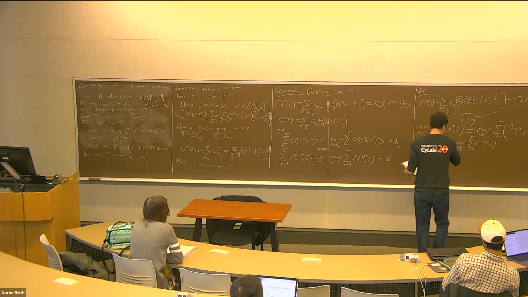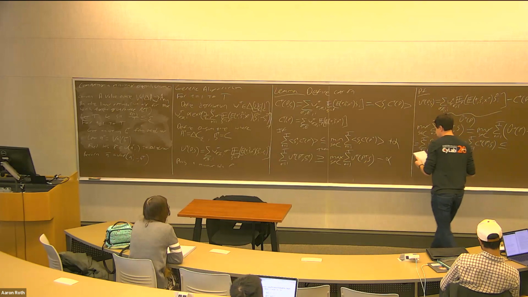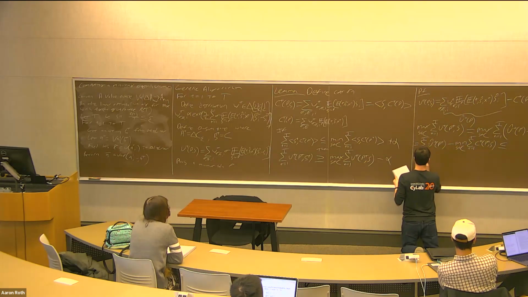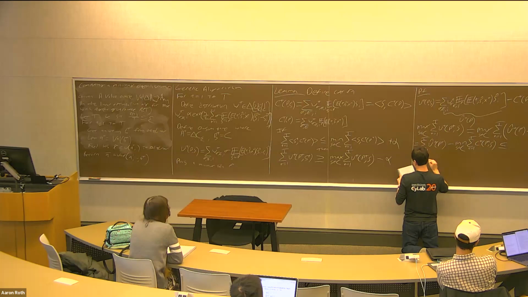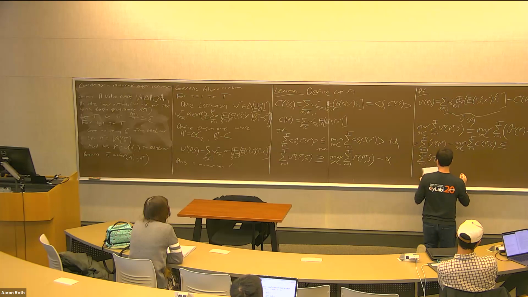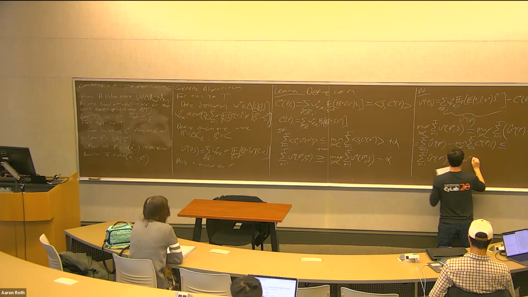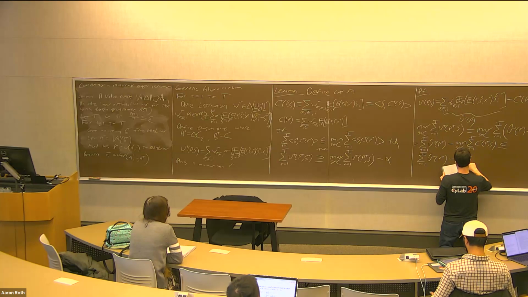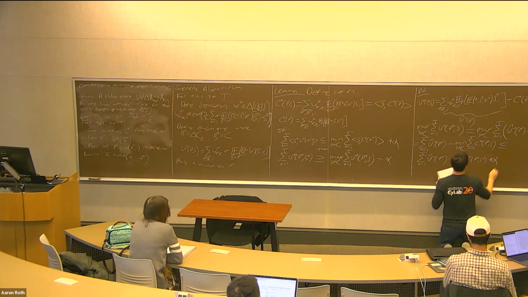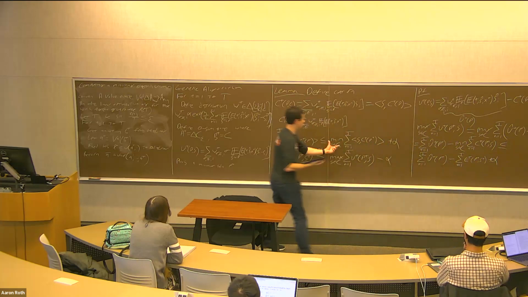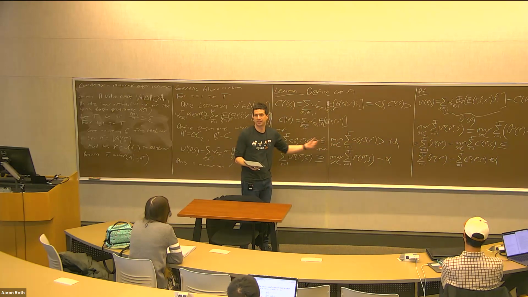So this is at most the sum over all of the rounds of u hat t of pt minus the sum over all of the rounds of ct of pt and st, plus alpha. That's just applying the hypothesized regret bounds that we have on C.